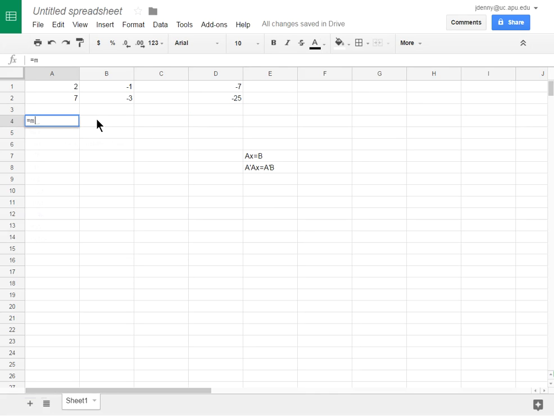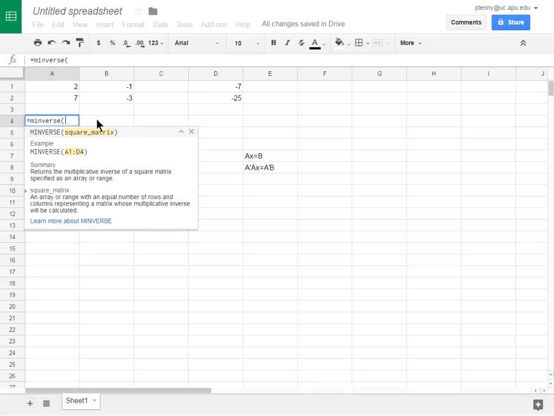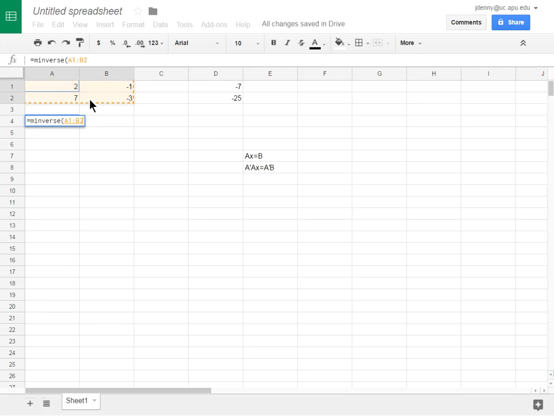This is equal to MINVERSE of this matrix. So this is the inverse of the matrix above. And now I take that matrix and multiply it by B. This matrix right here is A inverse, and this one is B. And those are the ones I need to multiply.